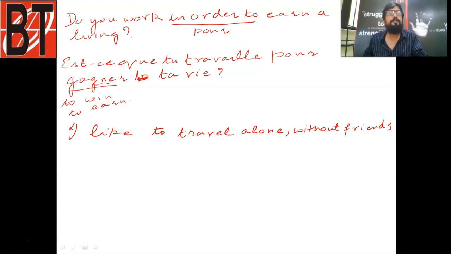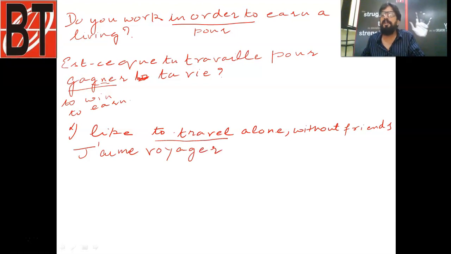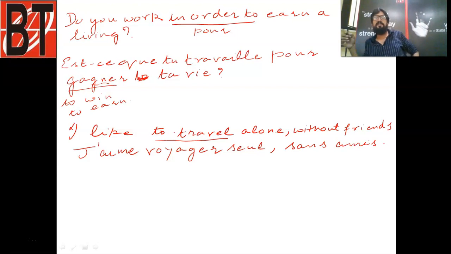Now I like to, so you know, इसके लिए बहुत common word है हमारे पास, j'aime. Now j'aime to travel, voyager. J'aime voyager. Alone is seul. J'aime voyager seul. Sans amis, without friends. J'aime voyager seul, sans amis.